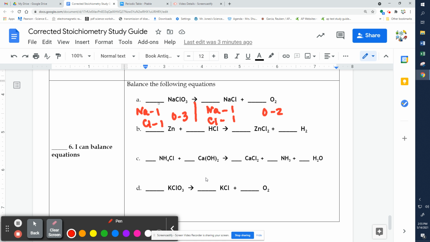So on the left side, in order to get 6 O's, I need to multiply by 2. That is going to change my sodium, my chlorine, and my oxygen. To get my oxygen to 6 on my right side, I need to multiply by 3. But I also need to fix my sodium and chlorine, so I'm going to put a 2 as a coefficient there.